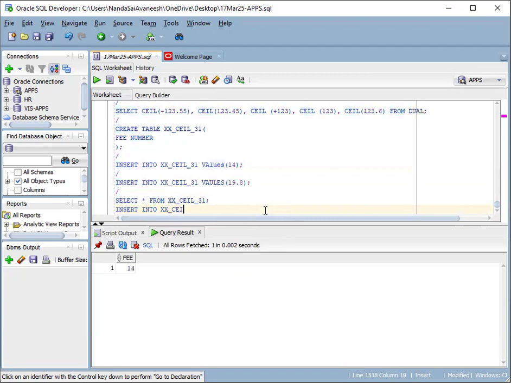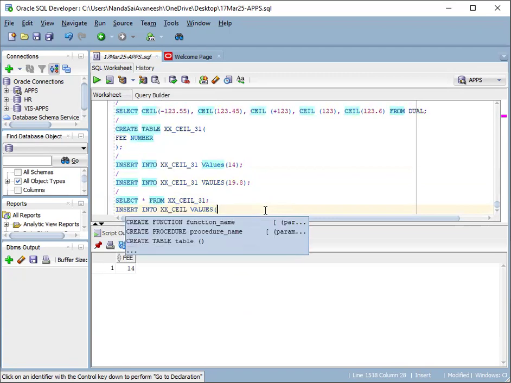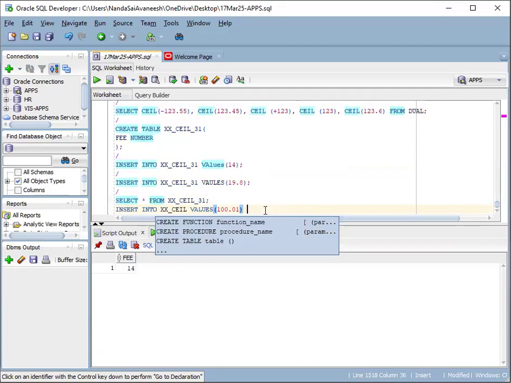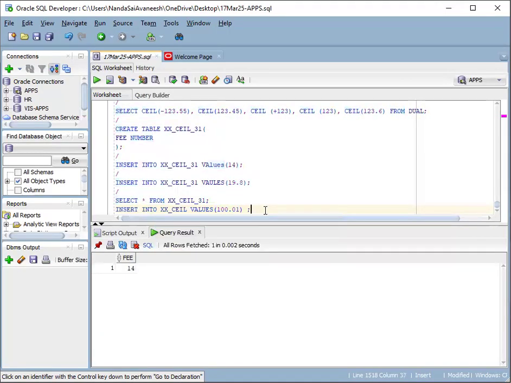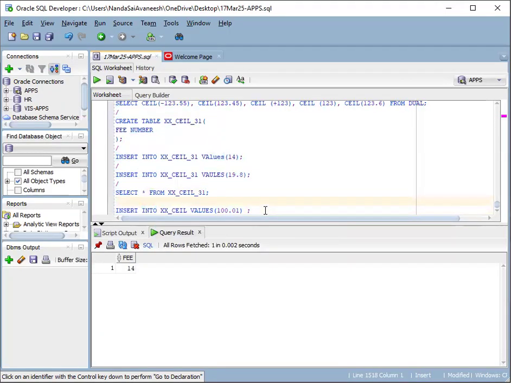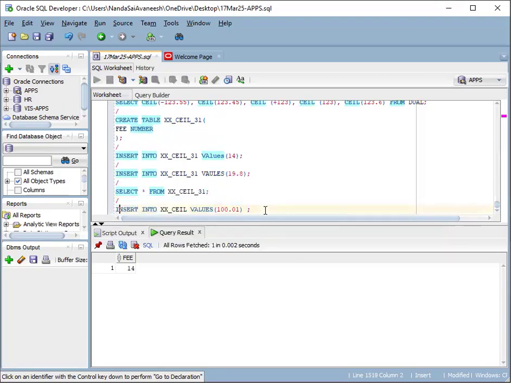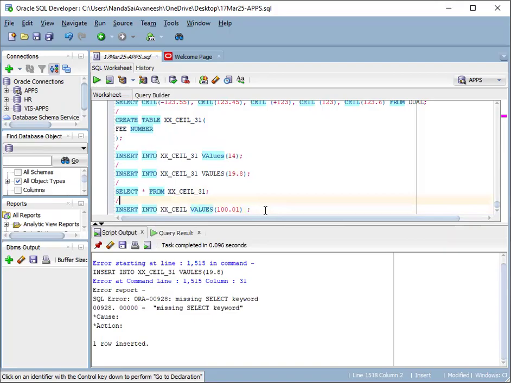Insert into xx_ceil_31 values 100.01. One inserted, why is it not inserted? Insert into XX_ceil_31.